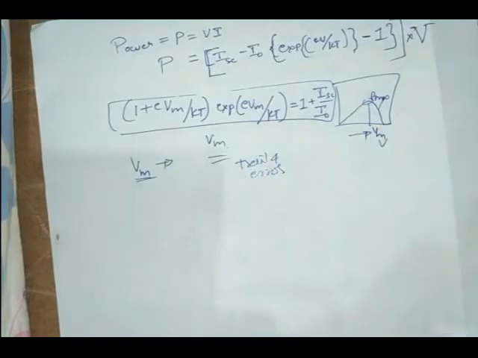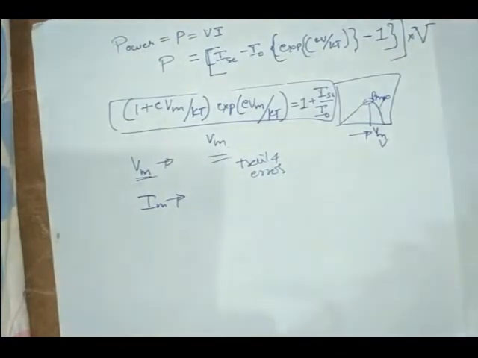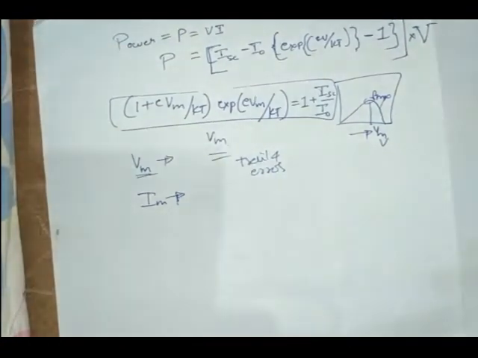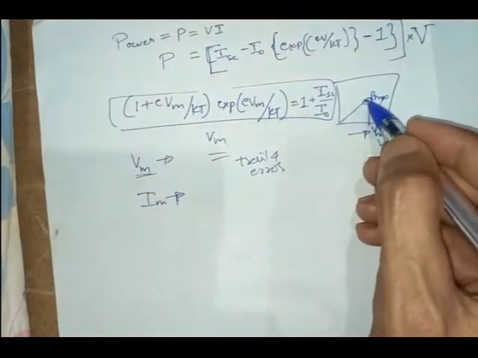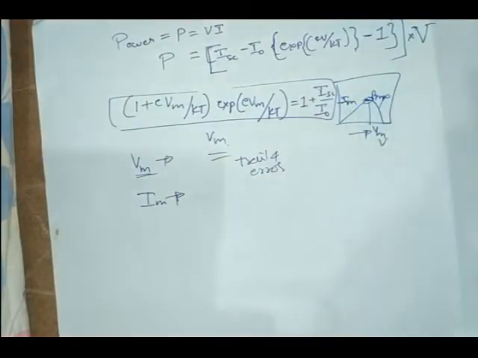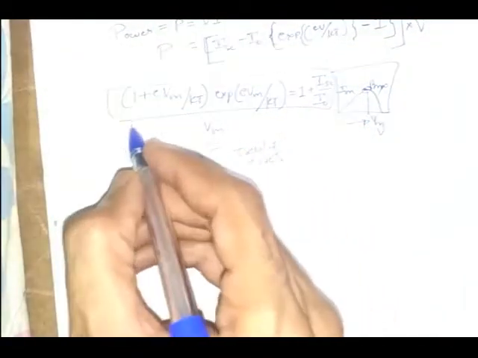Trial and error method. And then we need IM. IM is the maximum current at maximum power point. So at this point there will be IM. So we need to find out IM. For that, substitute this equation.